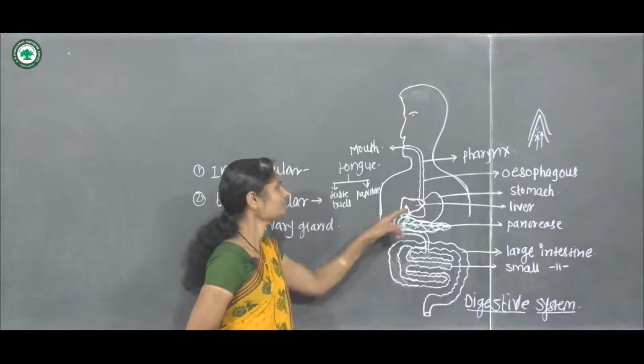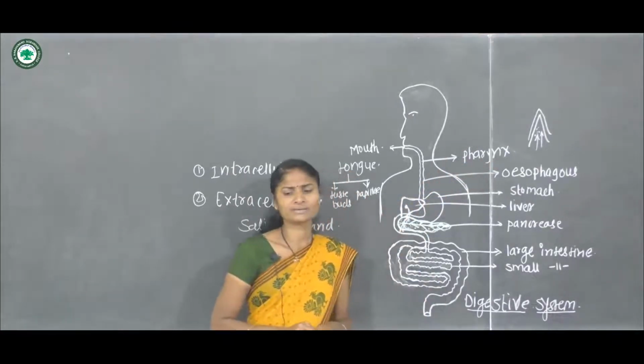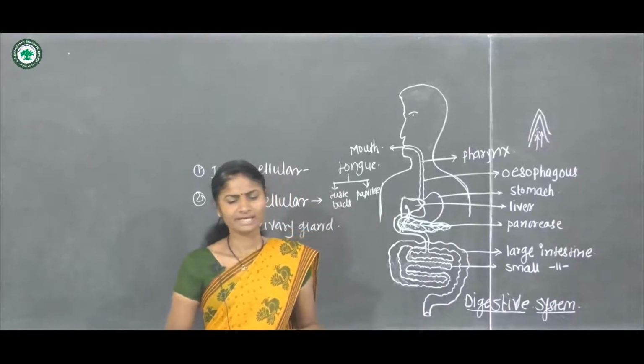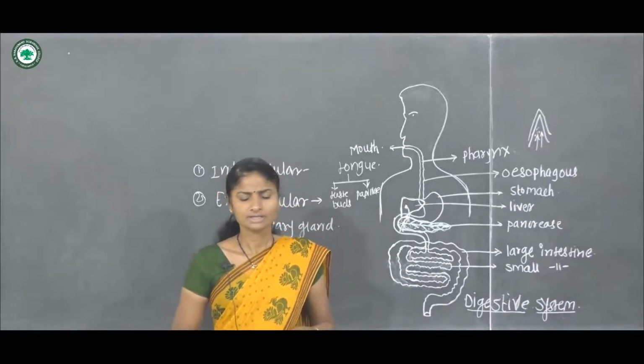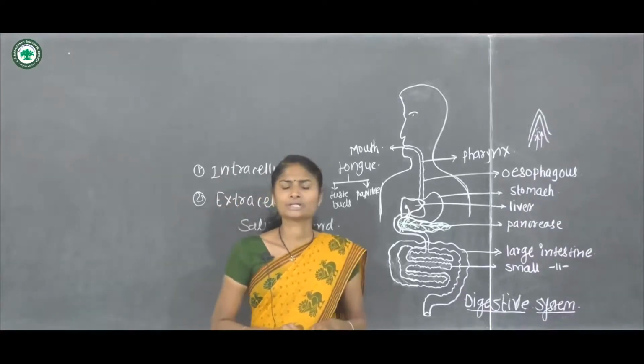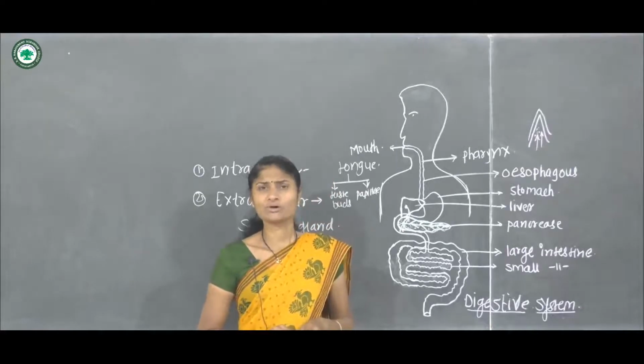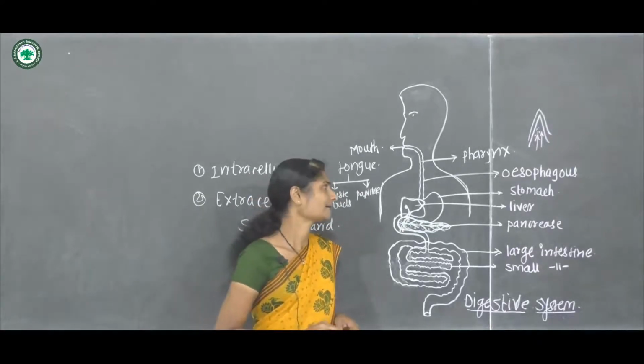Next part is the pharynx, called the common chamber. The pharynx is a muscular tube that connects the nasal cavity to the larynx and the esophagus. It is a common chamber for the passage of air and food particles.